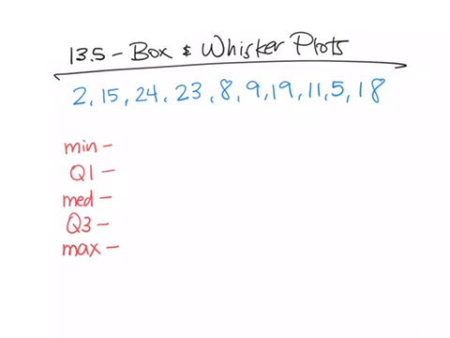Now, if you remember, when we were finding the median back in section 13.4, we discussed that in order to do that, we needed the data listed from least to greatest. So my first step here is I'm going to rewrite this list of numbers from least to greatest.